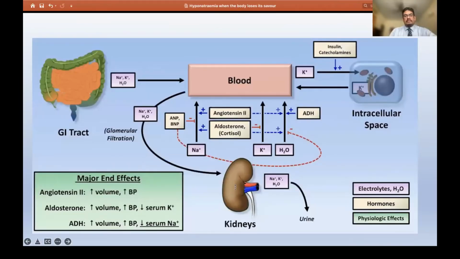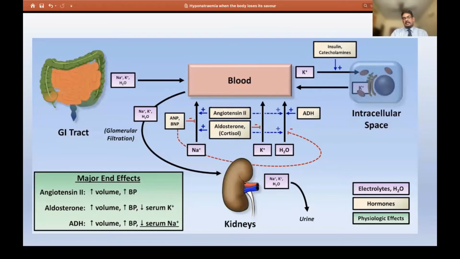So if you can remember your Ganong or whatever physiology book that you would have read for the second MBBS or in the first year of your medical career, if you can remember all these hormones that come into play, right? So the important aspects of the renin-angiotensin-aldosterone axis.